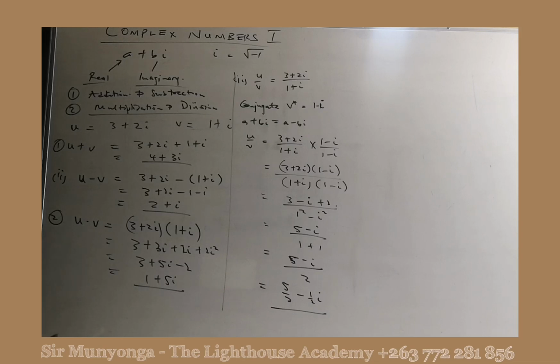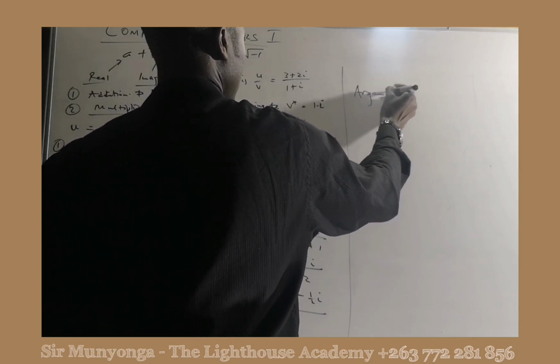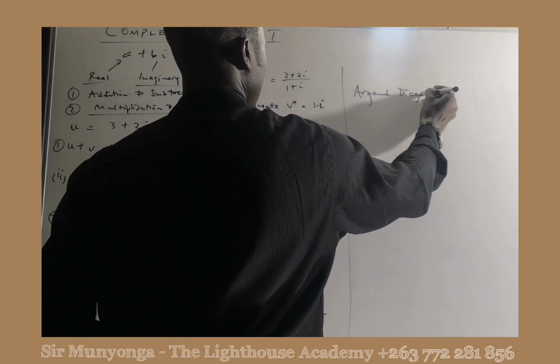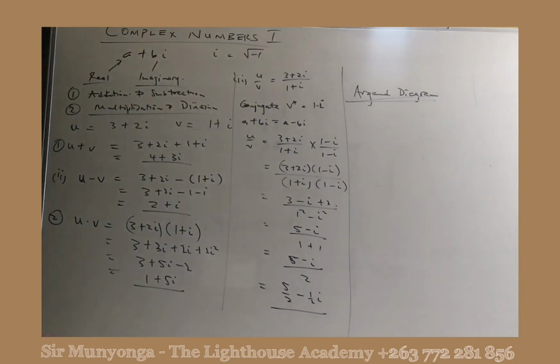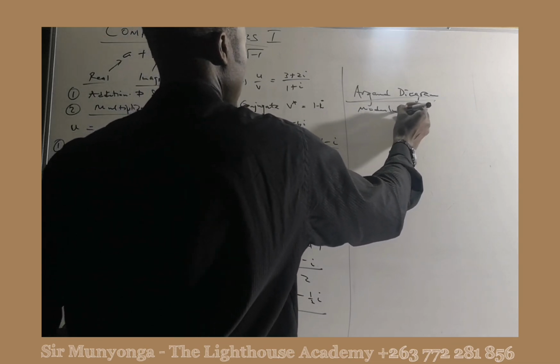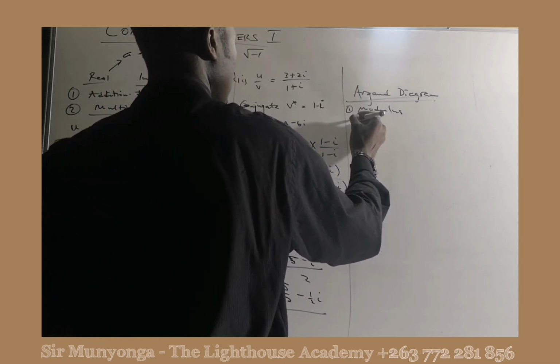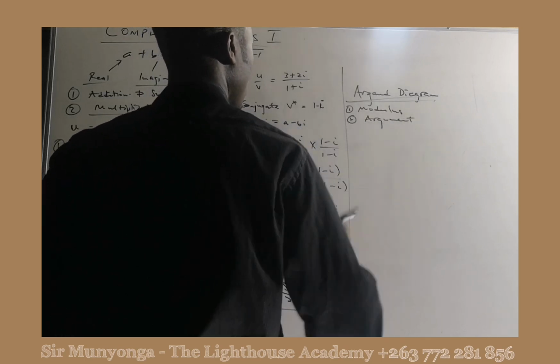So we have done addition, subtraction, multiplication and division of complex numbers. The last part will be representation of a complex number on an Argand diagram. For us to represent a complex number on an Argand diagram, we are required first to understand the modulus and the argument of a complex number.